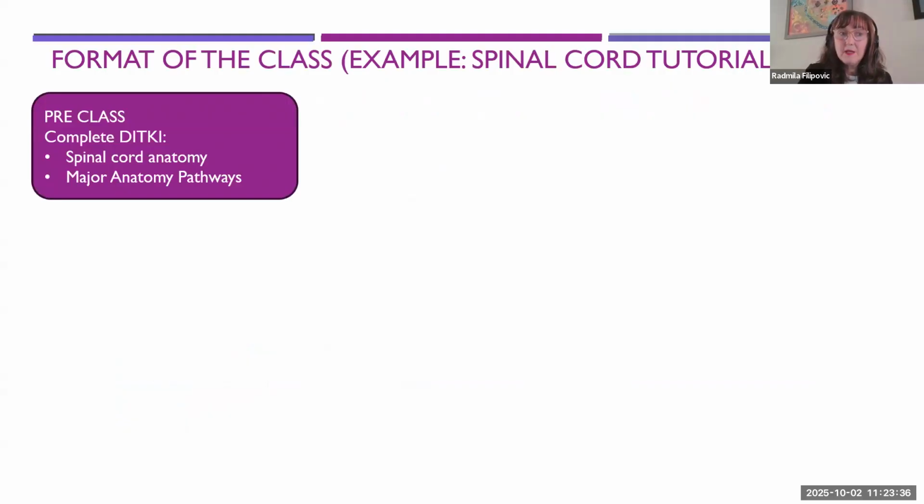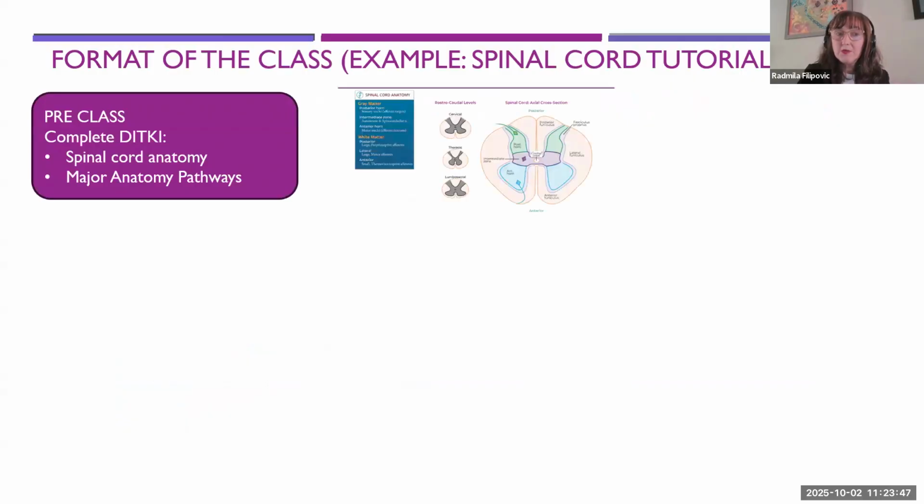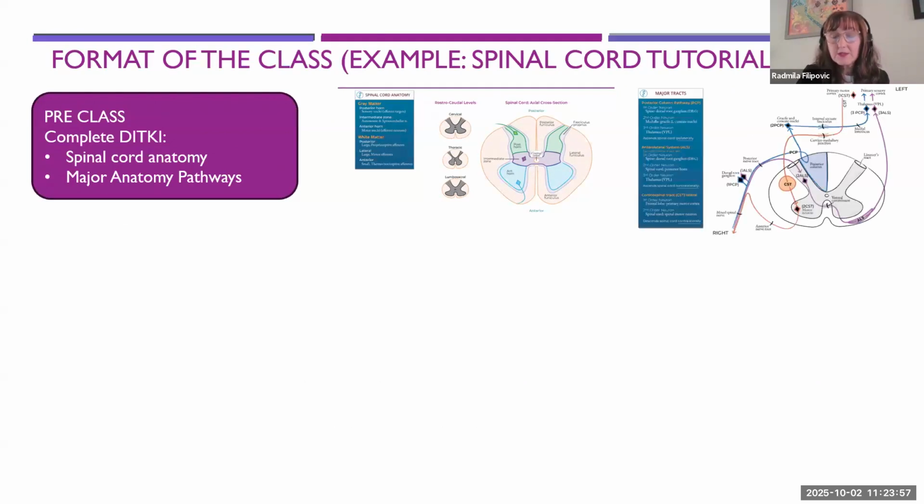Pre-class, I tell students to complete some of the drawings assigned in my plan. For example, when I teach spinal cord anatomy, I assign them to go to the spinal cord anatomy tutorials, watch the tutorials, and draw along with the tutorials. Then major tracts.